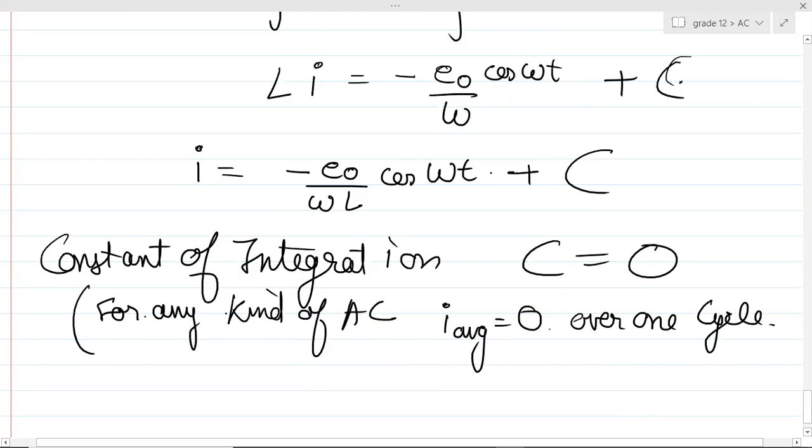Yes or no? So this constant is ultimately equal to this only, so C becomes 0. I'll give you the proof as well, for C equal to 0.